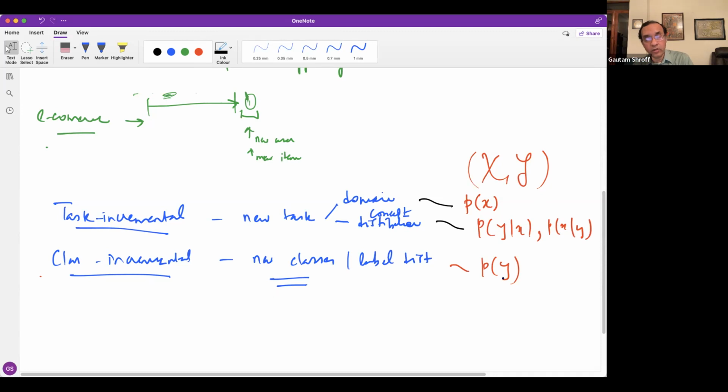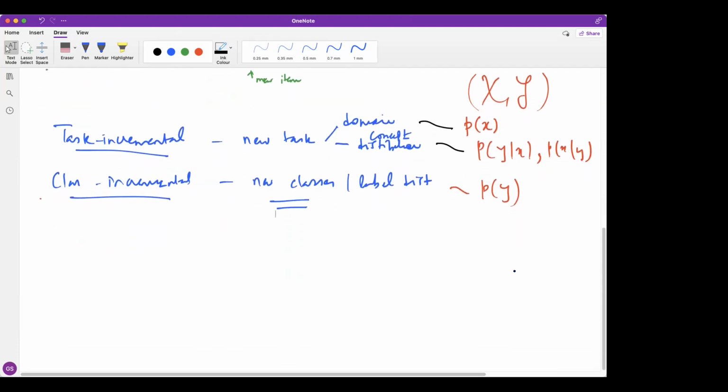The distribution of dogs and cats, earlier it was 90-10, now it is 50-50. But what a dog is and what a cat is has not changed. It's just that the balance has changed. So you could change this without changing this, provided there are no new classes. Yes, sir. Okay. All right.